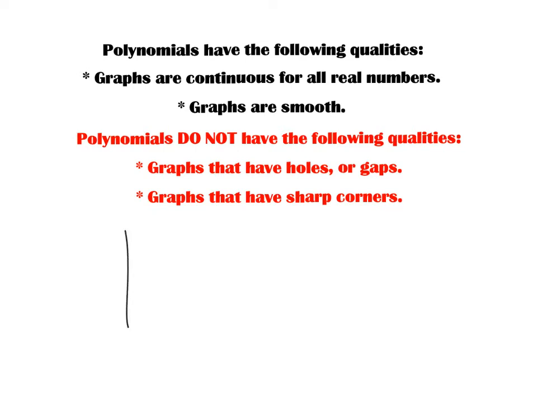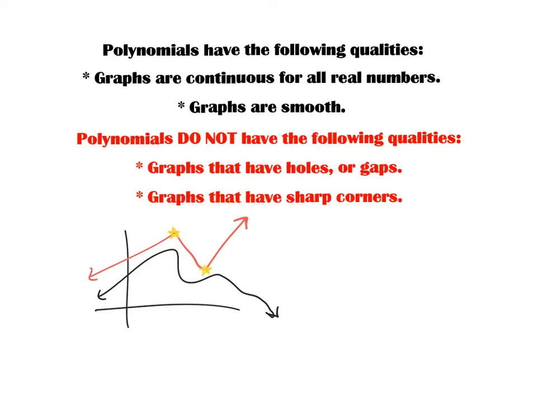So here's a polynomial. It's kind of a goofy looking one. This is not a polynomial, right, because of those sharp corners. Here's another non-example of a polynomial because of that jump or gap.